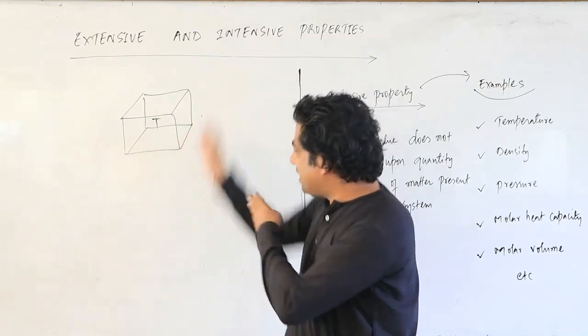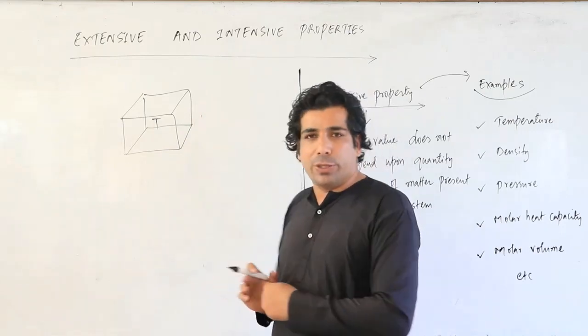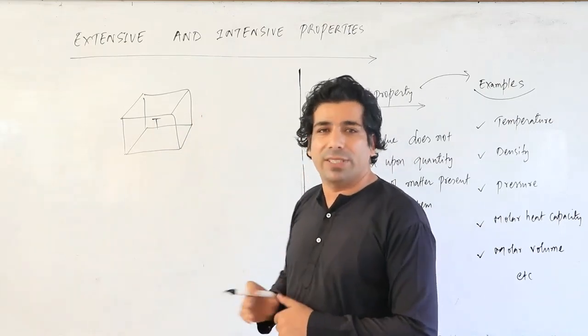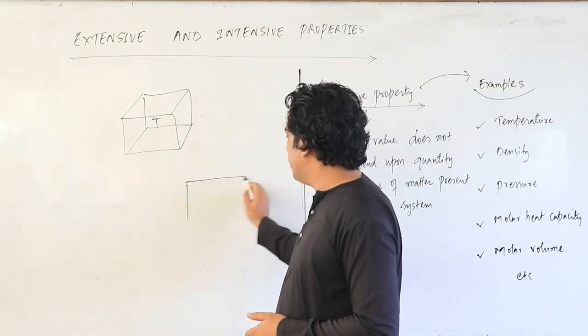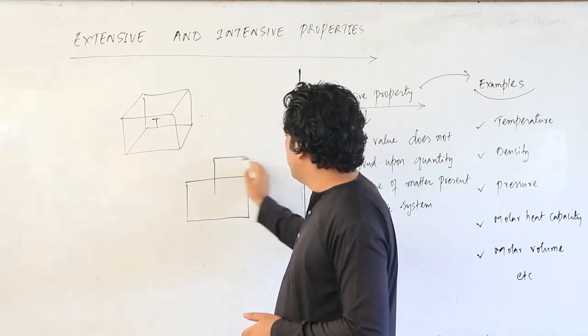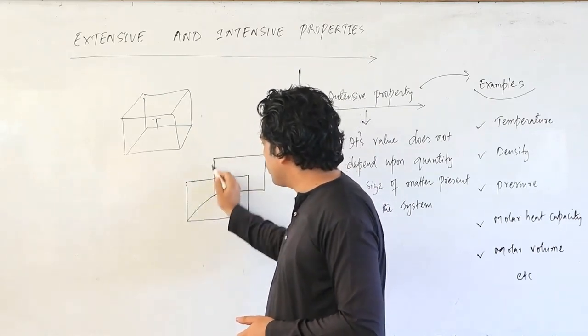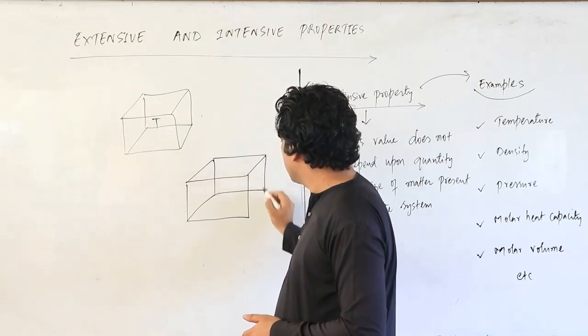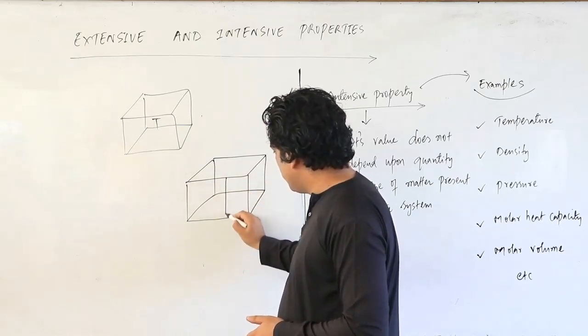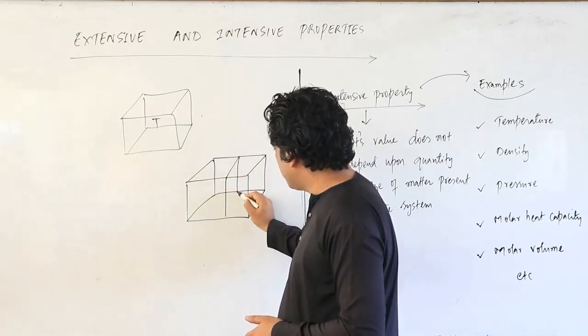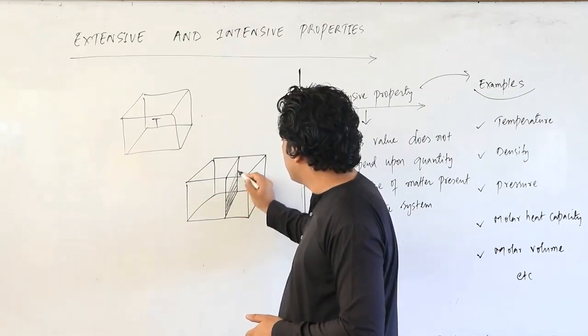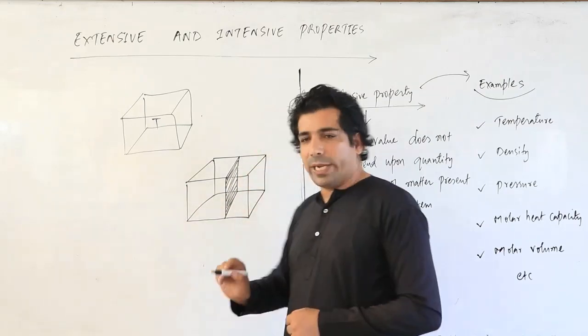Now let me bisect. Let me divide this cube into two parts, just like I was doing with volume. So if I divide this particular cube into two equal parts, yes, what happens?